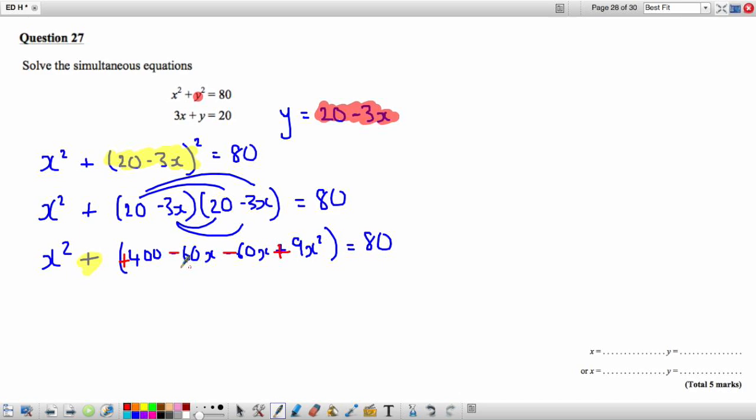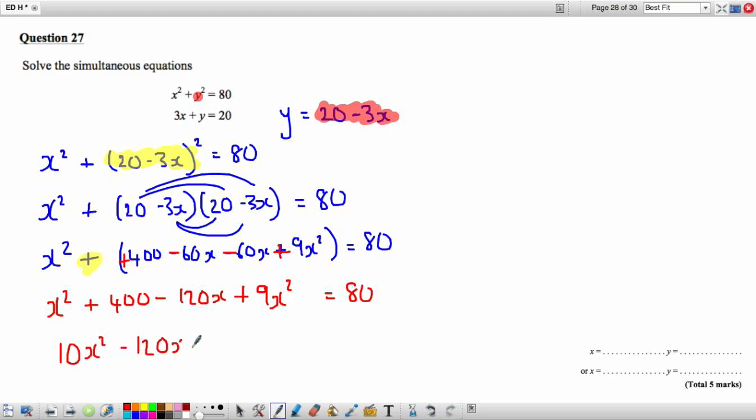So here now we're going to have x squared plus 400 subtract 120x plus 9x squared equals 80. And now bringing together our x squareds here will give us 10x squared subtract 120x plus 400 equals 80.